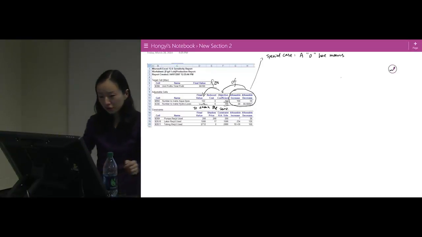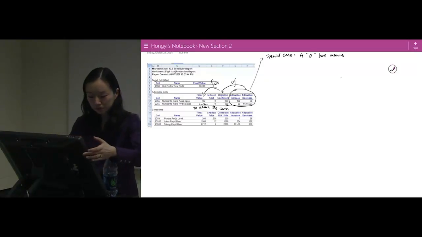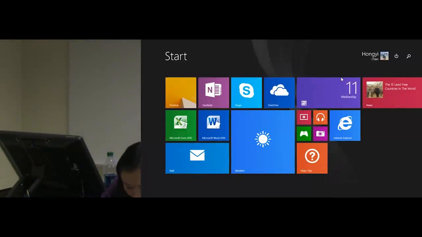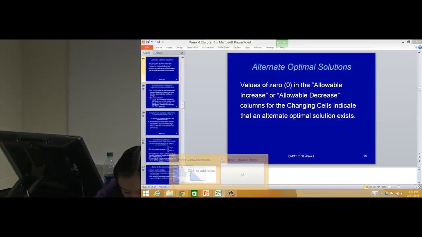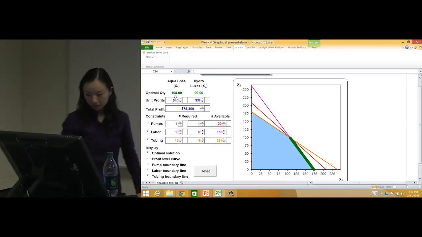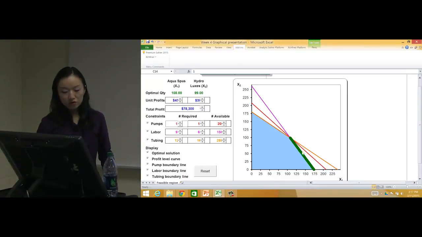Okay, so if you remember what happened here, 450. So at this point, you have alternatives because all the points on this line are solutions, right?